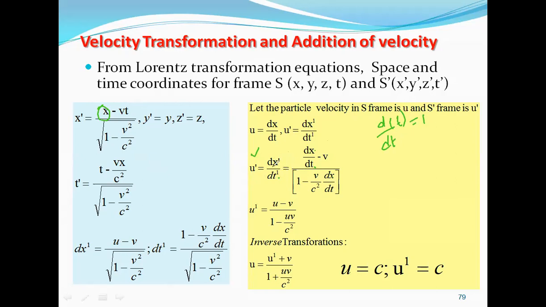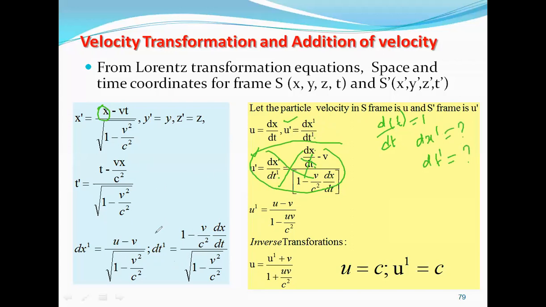But I don't think this is the correct way. This is not the right way to do it, so you can ignore this. To do this, u prime equals dx prime by dt prime, so don't do it the earlier way. I have to calculate dx prime and dt prime, then divide them.